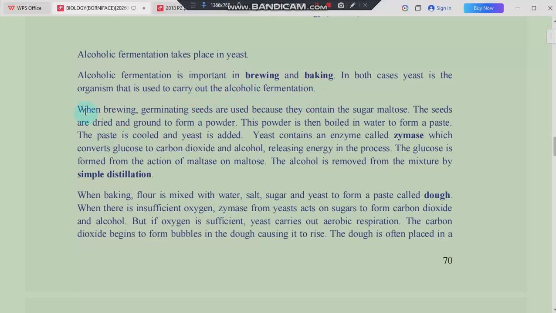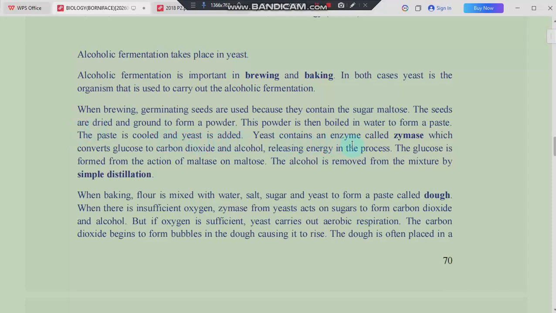When brewing, germinating seeds are used because they contain sugar maltose. The seeds are dried and ground to form a powder. This powder is then boiled in water to form a paste. The paste is then cooled and yeast is added.